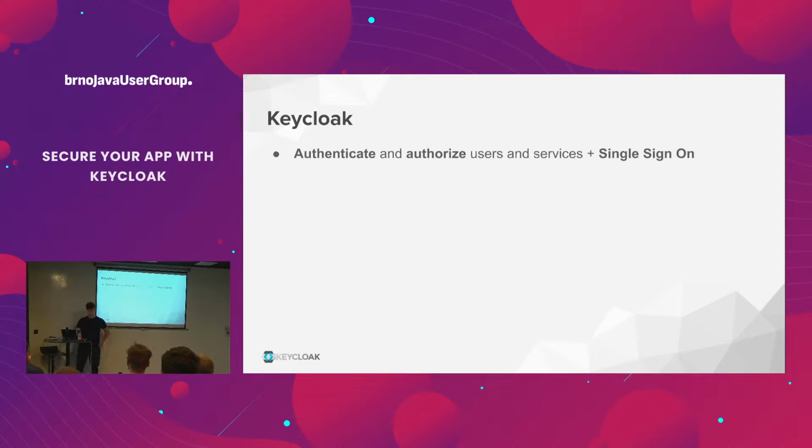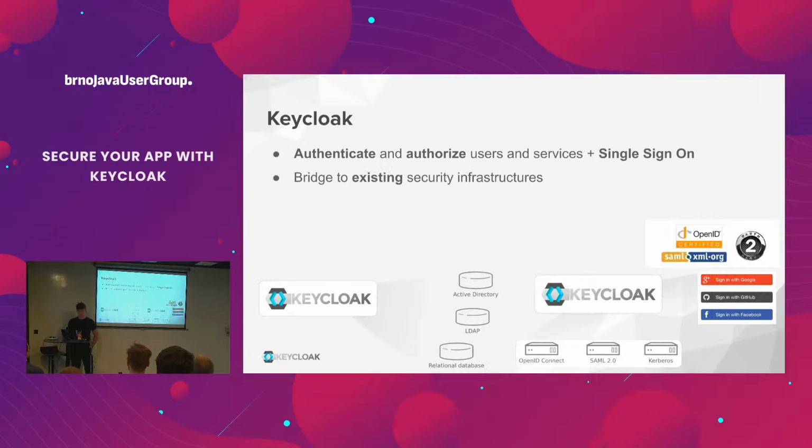So the main goal is to authenticate and authorize users and services, as I mentioned, but there's also the ability to use single sign-on. It means that if you have in your company multiple applications, you can authenticate only once, and then you don't have to authenticate again for different applications, right? So everything is managed by Keycloak.